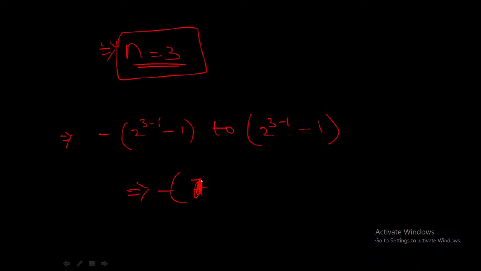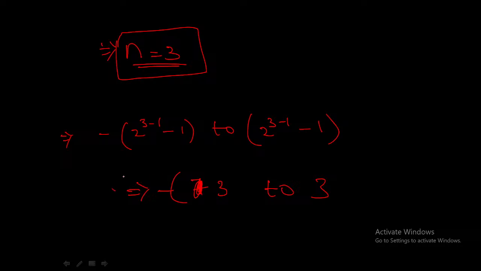So you can represent from minus 3 to plus 3. So the range is minus 2 power n minus 1, minus 1, to plus 2 power n minus 1, minus 1, where n is the number of bits.